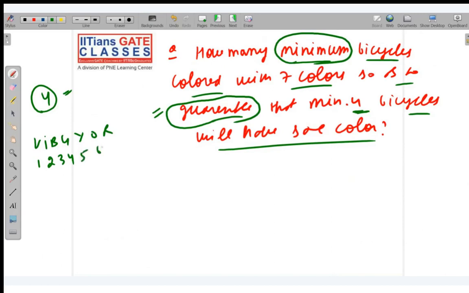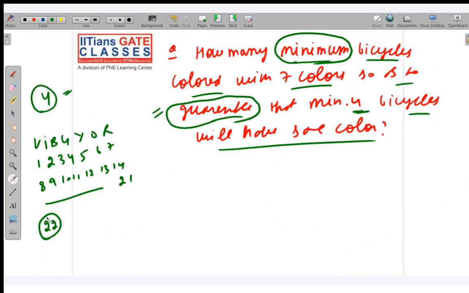So 4, 5, 6, 7, then 8, obviously I have to repeat, 8, 9, 10, 11, 12, 13, 14, then 15, 16, 17, and so on up to 21. And then 22. As soon as I take the 22nd bicycle, it will be guaranteed that at least 4 bicycles will have the same color.